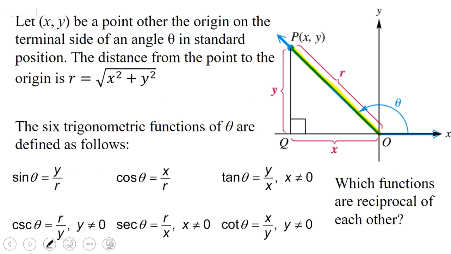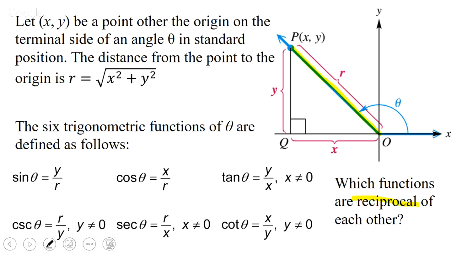So sine is opposite over hypotenuse, y over r. Cosine is adjacent over hypotenuse, so x over r. Tangent is opposite over adjacent, so y over x. And notice that if you compare cosecant with sine, the fractions are flipped. That means they are reciprocals of each other.